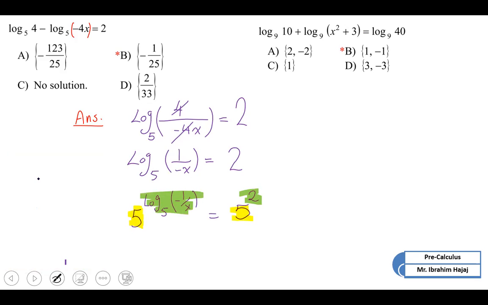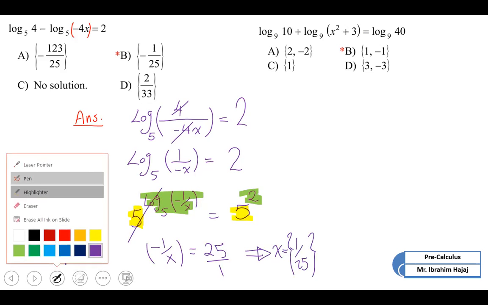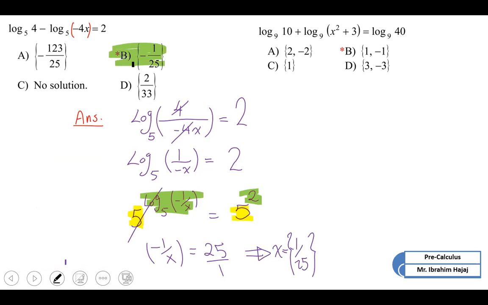So negative 1 over x is equal to 25, and then this 25 over 1. The next step is only to flip and multiply by negative 1. So your answer x is equal to negative 1 over 25, which is the solution set in letter B. Next question.